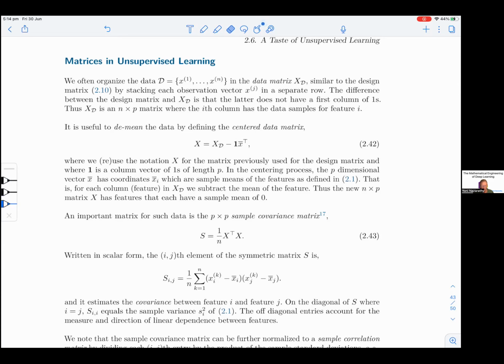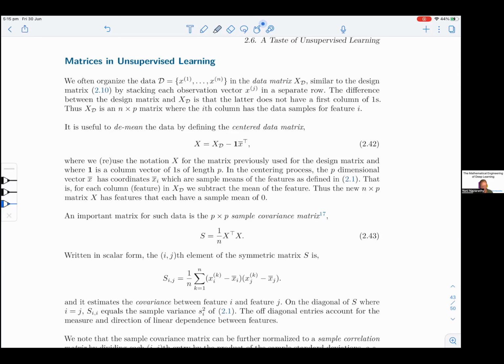That is, for each column feature in XD, we subtract the mean of the feature. This is just a matrix form of representing demeaning, or centering. Thus, the new n by p matrix X has features that each have a sample mean of 0. So this is a demeaned X.